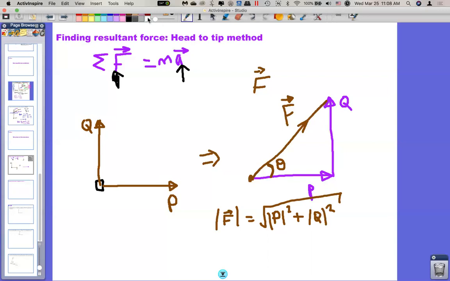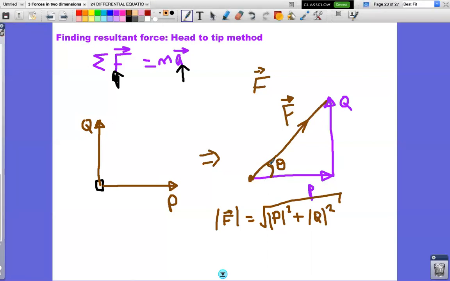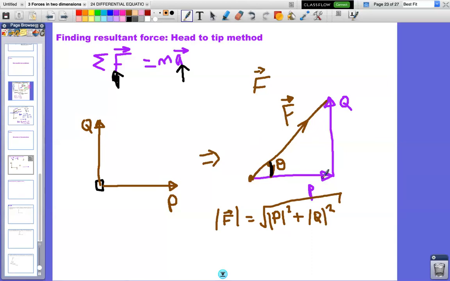And so you can then find the direction. The direction will just be this angle. You can find it in any way you want, or you can use tan theta equals magnitude of Q over magnitude of P. These are not formulas I'm giving you. We are looking at the problem, analyzing it with the ideas that are there.